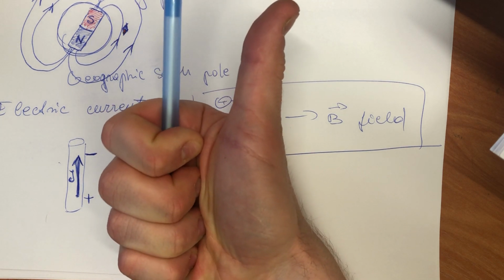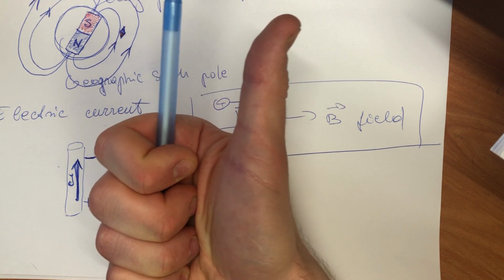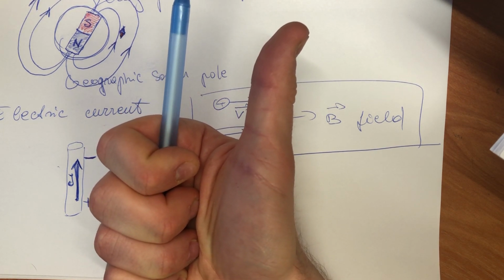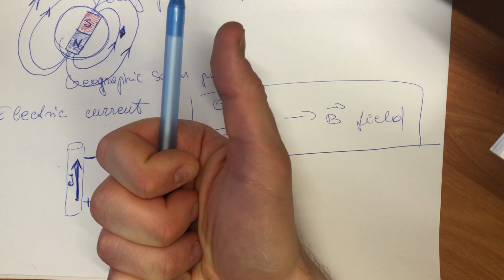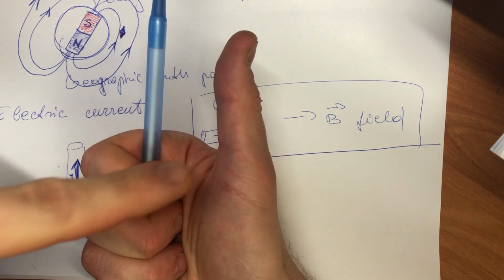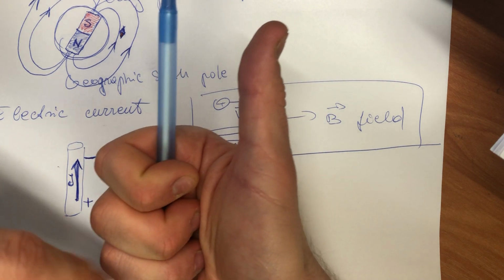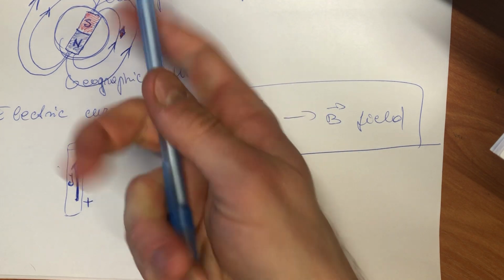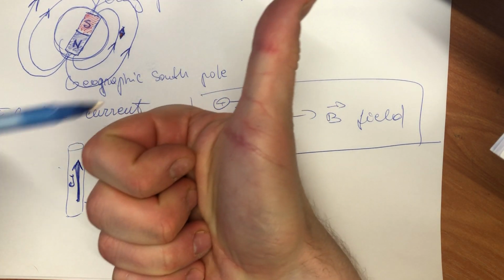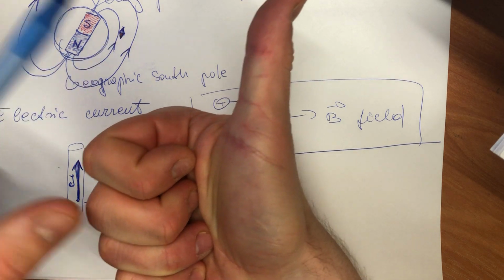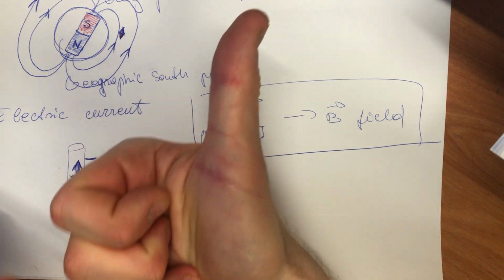The current is flowing up. So the thumb shows the direction of the current in the wire, and the fingers show the direction of the magnetic field. The magnetic field is going to this side, where my fingers are, from left to right, in front of me.